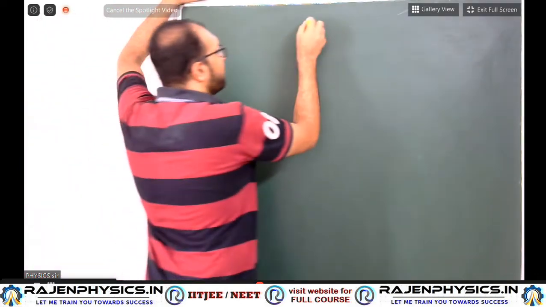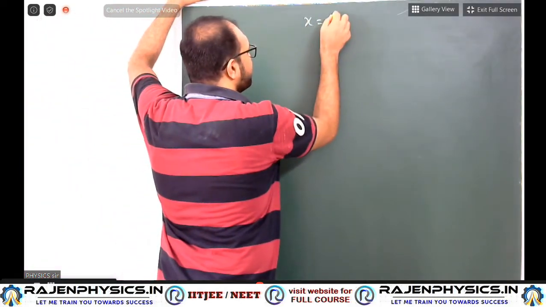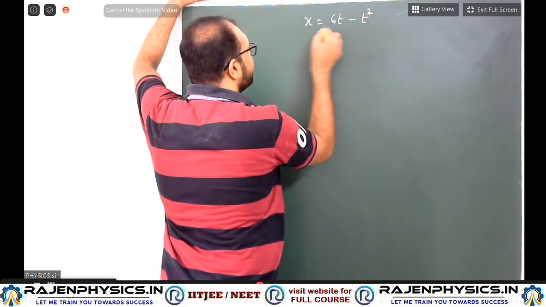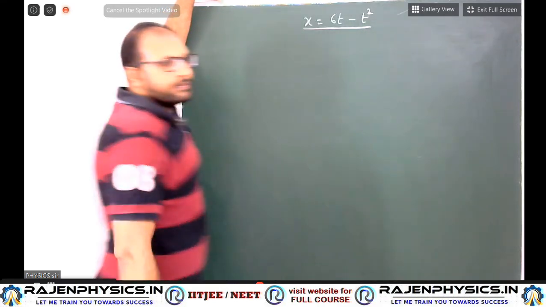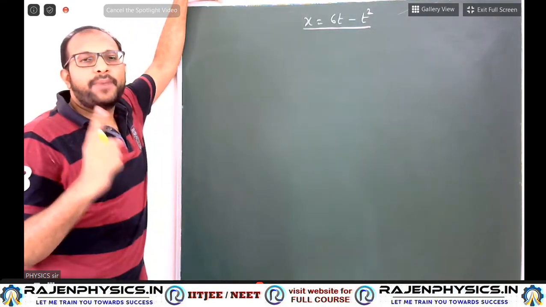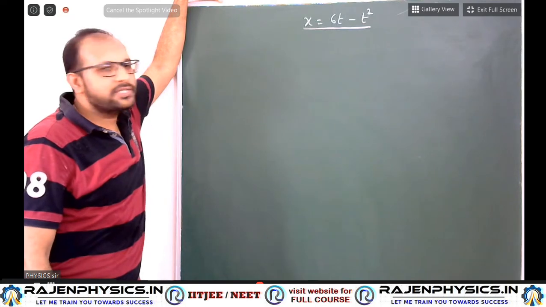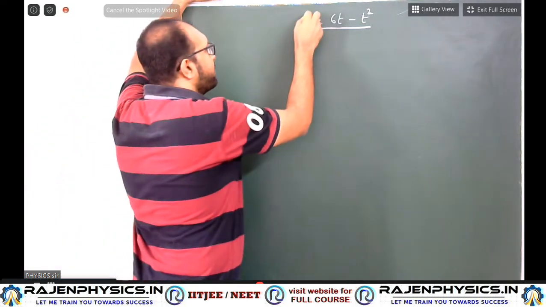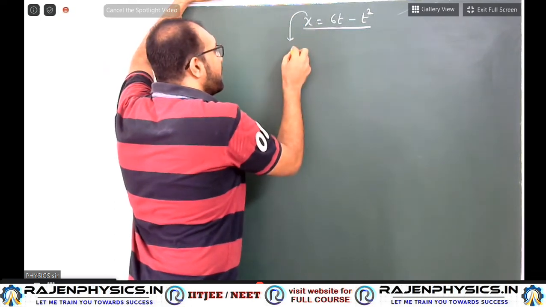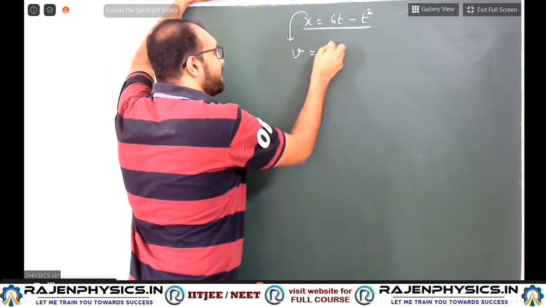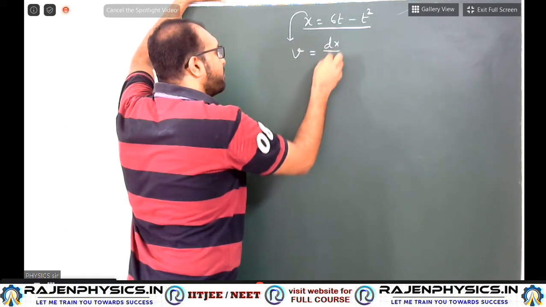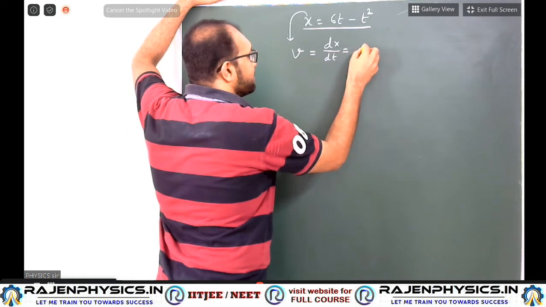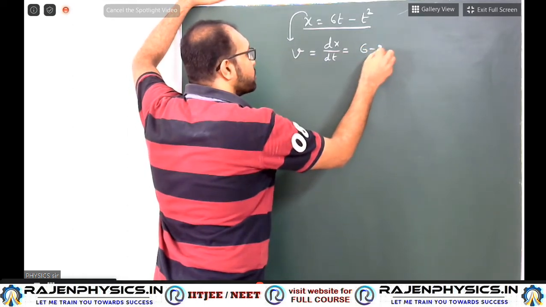Yes, so students, one more example, x equal to 6t minus t square. So the position of a particle is given by 6t minus t square. For this, the instantaneous velocity is the time derivative of position, dx by dt. This dx by dt is 6 minus 2t.